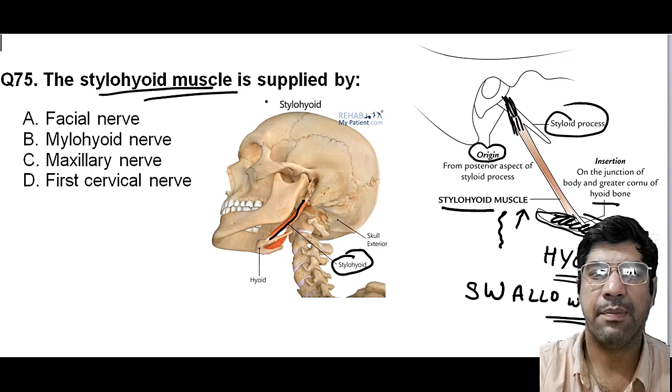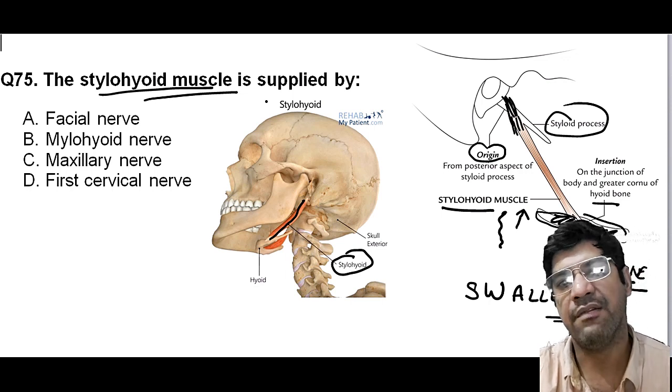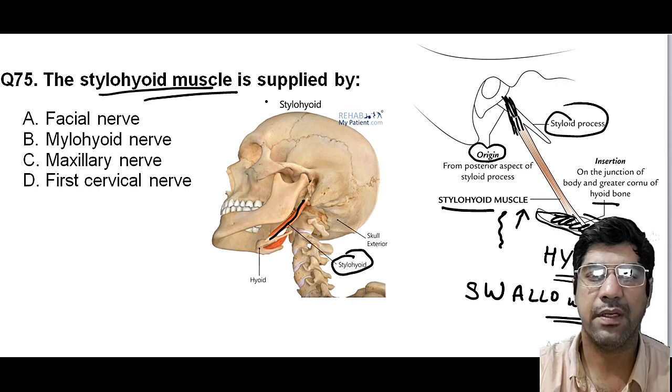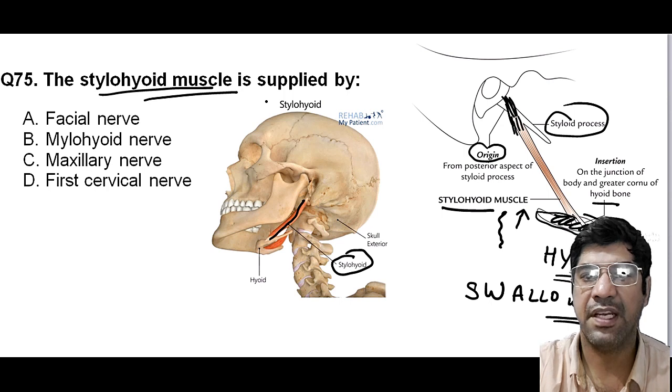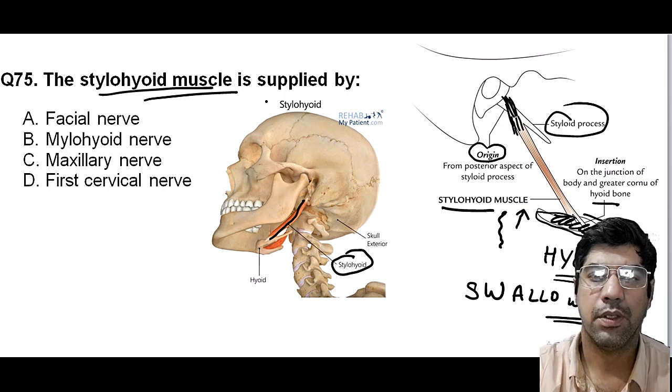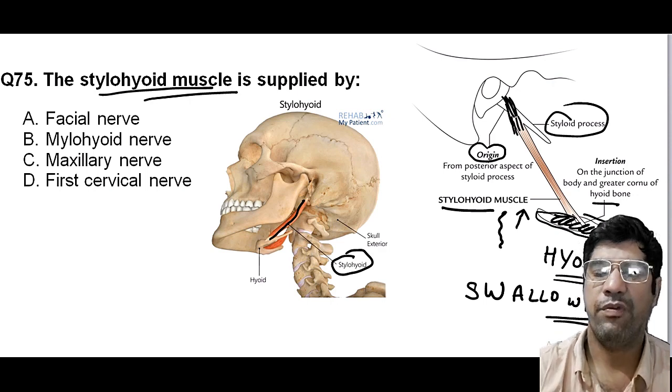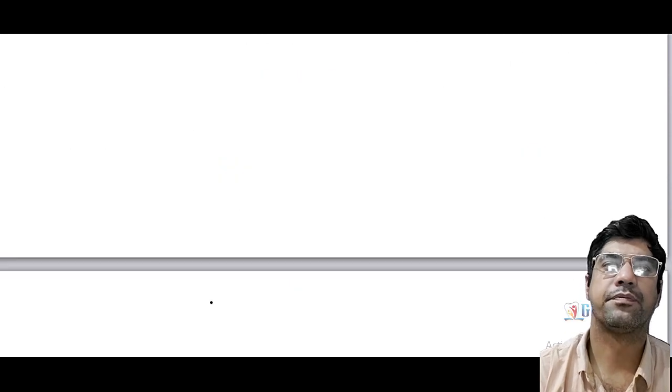It is innervated by the mylohyoid branch of the inferior alveolar nerve, which is a branch of the mandibular nerve. The maxillary nerve is a branch of the trigeminal nerve and provides sensory innervation to the upper jaw. The first cervical vertebra is not your answer. The answer is the facial nerve. Moving to the next question.